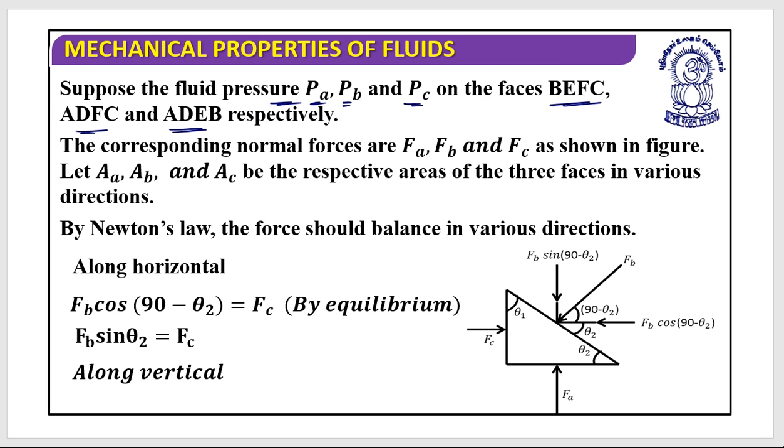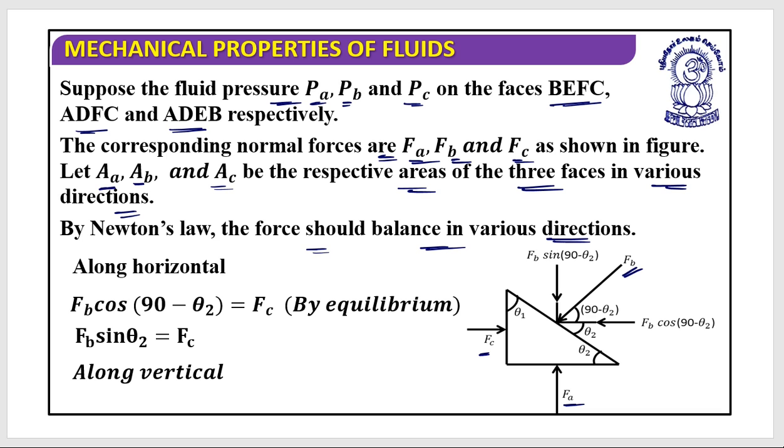The corresponding normal forces are FA, FB and FC, as shown in the figure. Let AA, AB and AC be the respective areas of the three faces in various directions.